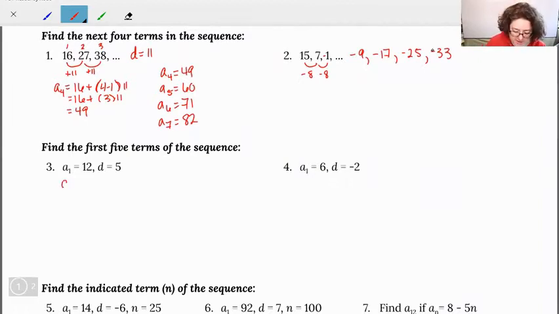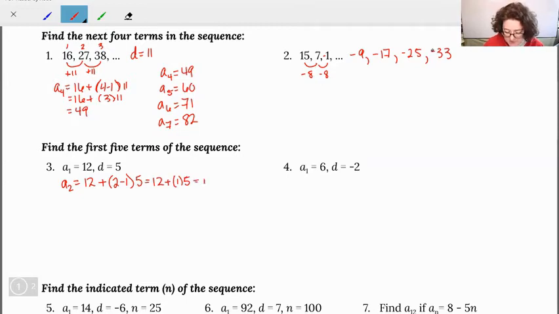So a sub 2 is going to equal our first term, 12, plus n minus 1. So n on this one is 2, so 2 minus 1 times 5. If we simplify that out, we're adding 1 times 5, we're adding a 5 to get to that next term.